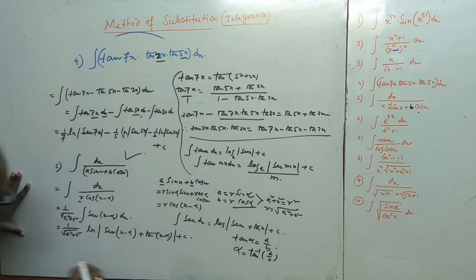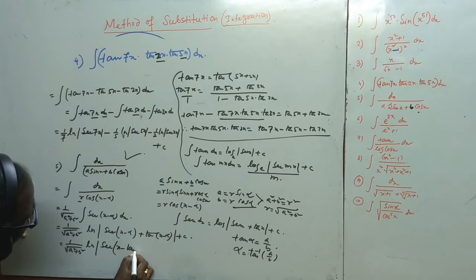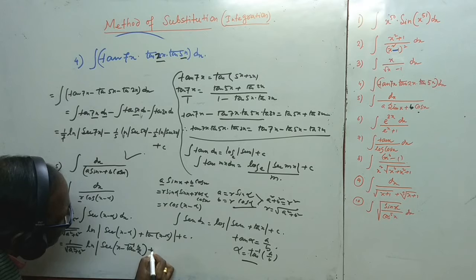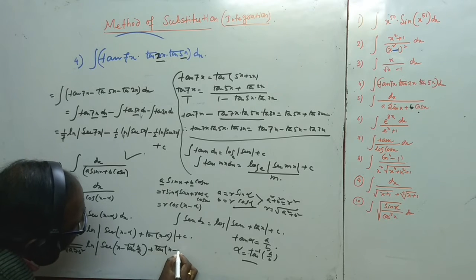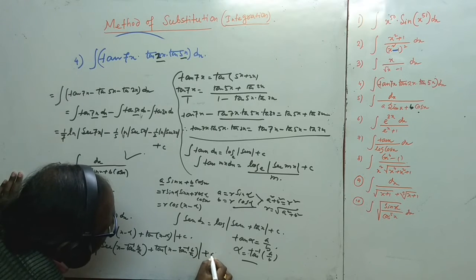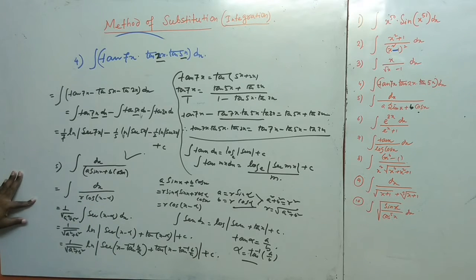Now substitute here in place of alpha, and this is 1 by root over a square plus b square ln mod sec of x minus tan inverse b by a, this is alpha, and also tan of x minus tan inverse b by a, mod, plus c. Okay students, I think you have all understood this better. And now we follow question number 6.